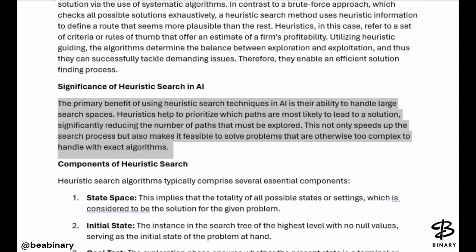As we have discussed in the state space search also, हमने जब problem solve करी थी, we have discussed which path needs to be followed for getting a solution. So heuristics prioritize which paths are most likely to lead to a solution, significantly reducing the number of paths that must be explored, right?